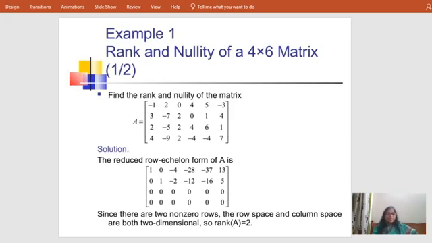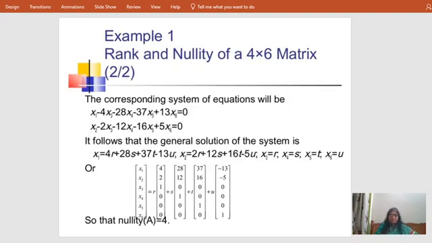And the second equation will be 0 into x1 plus x2 minus 2x3 minus 12x4 minus 16x5 plus 5x6 is equal to 0. So, just 2 equations for 6 variables.